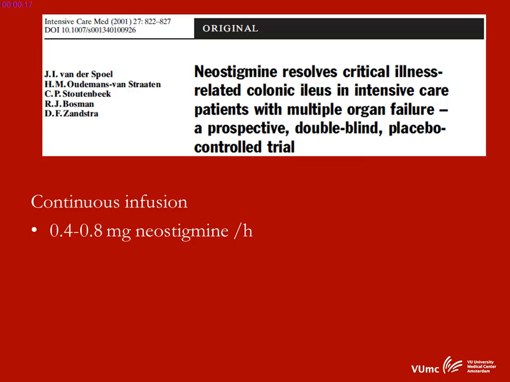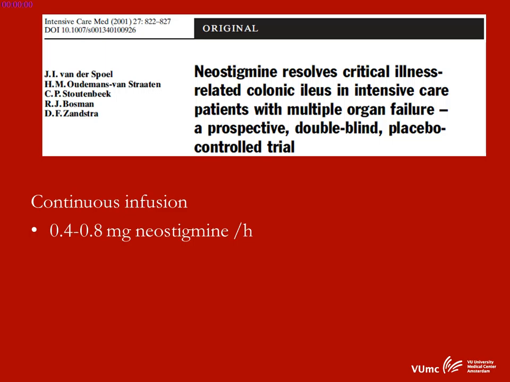If you leave the colon with all these features, you get bacterial overgrowth. And with bacterial overgrowth, you get an inflammatory stimulus to the mucosa, and you have a higher chance of loss of barrier function.